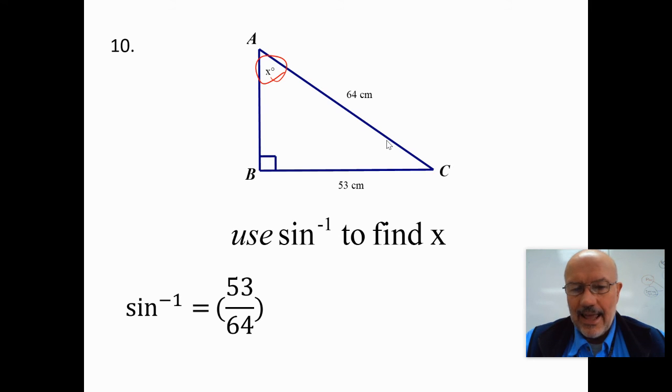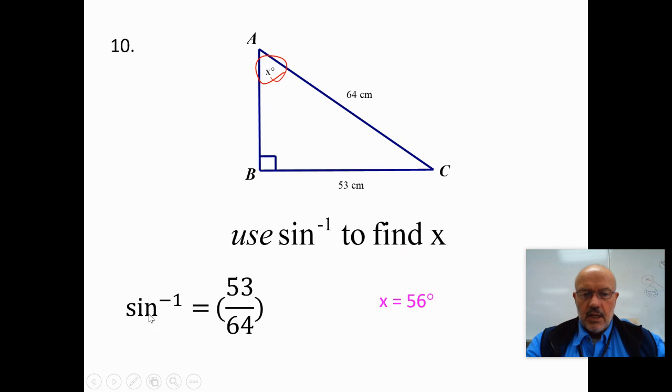So since we're finding an angle, we're using inverse function here. And so this one is how we set it up, the inverse of sine, 53 over 64. Let's check that on the calculator.